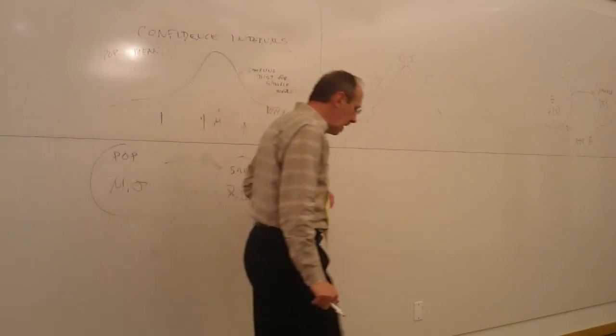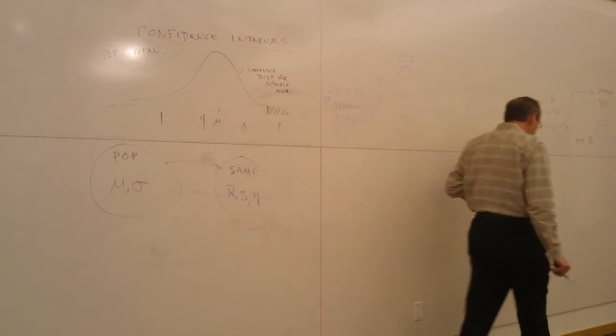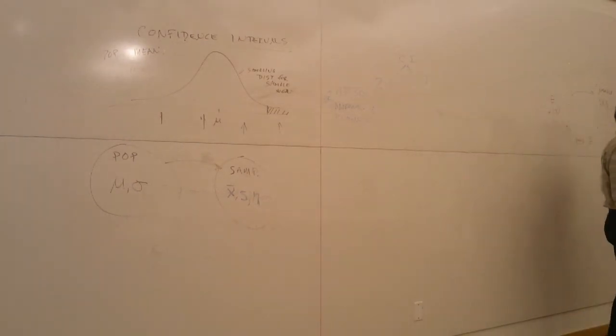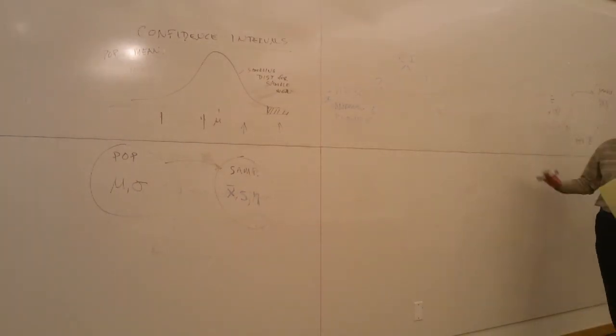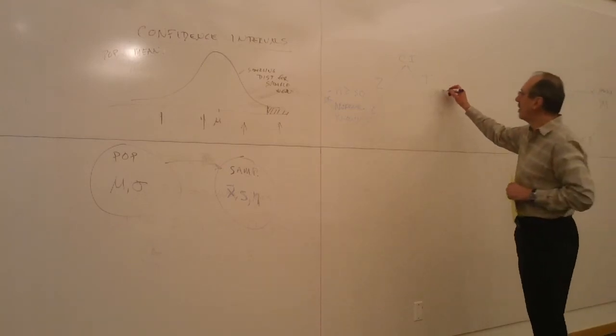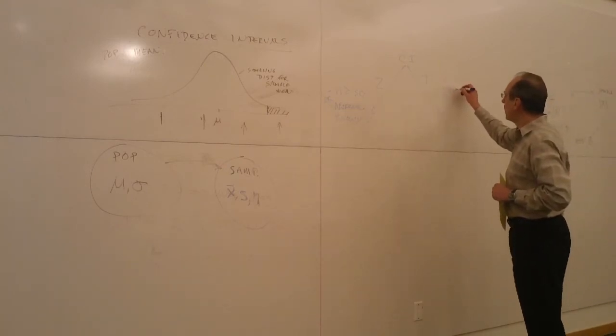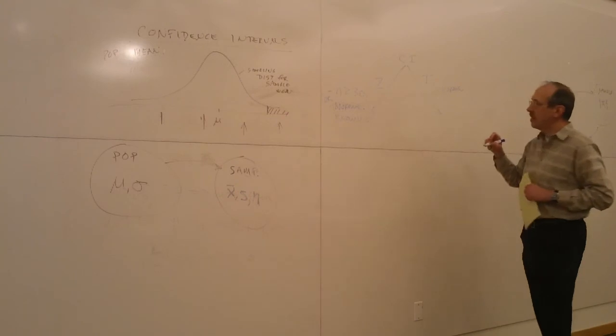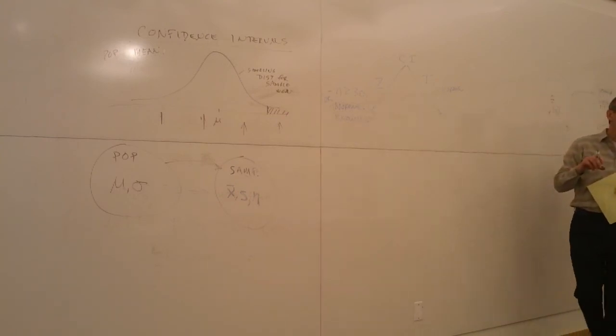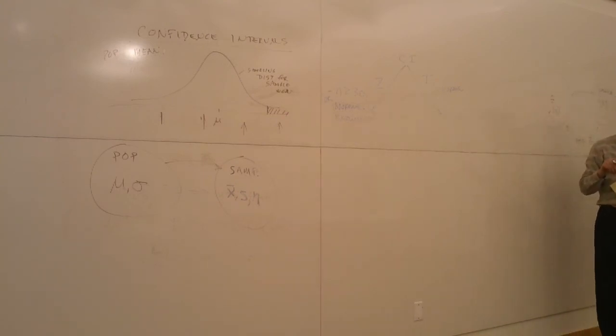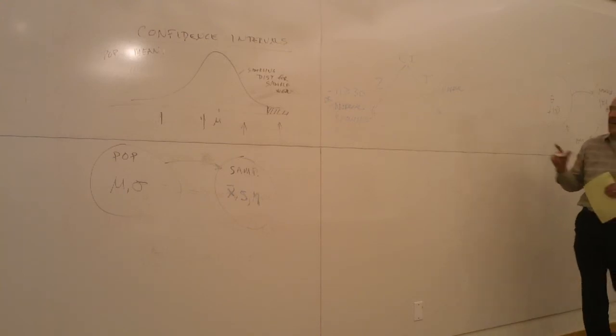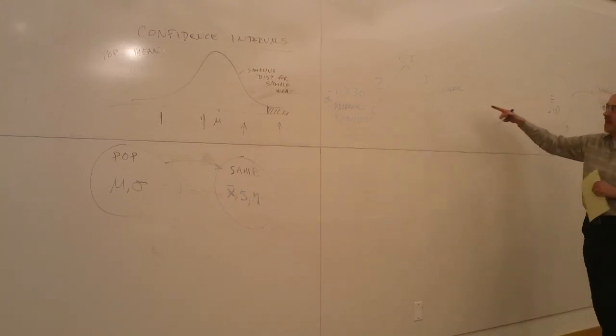Okay, what about t? What are the conditions for using t? It has to be normal. Do I need to know the standard deviation? The sample standard deviation, yeah. So in this case, I use s.